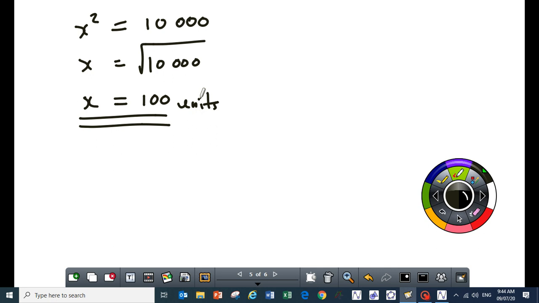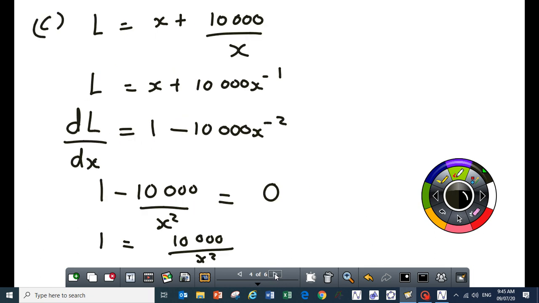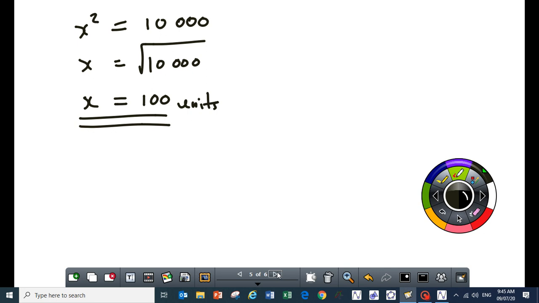Did they specify that? Let's check. Okay, that would be meters. So that's X. This is the minimum value of X. Don't forget, it's the minimum value of what? Of X.